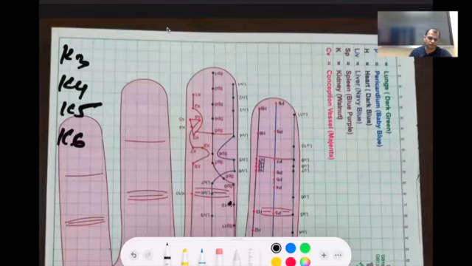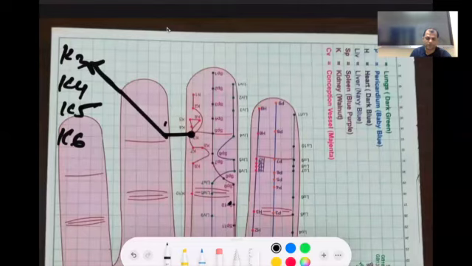So we can see in this image, on the joint, we have kidney 3. So this is kidney 3, just on the joint. Then if we go a little up, kidney 4, then kidney 5, and on the inner side, that is kidney 6.